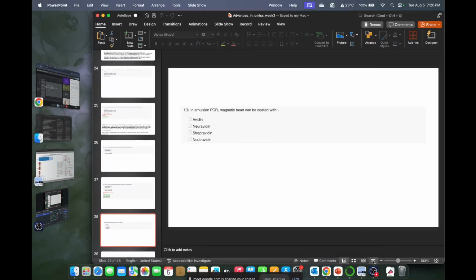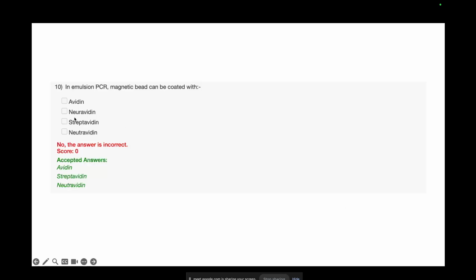Yeah, the answer is basically all three except the second one. The second one is not actually a real compound, it's just a false name. The rest three are correct.